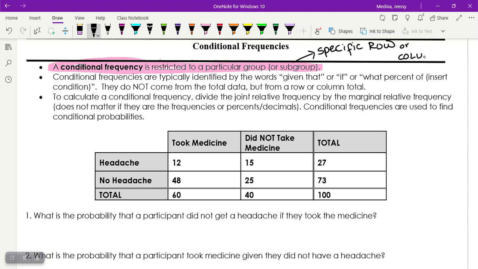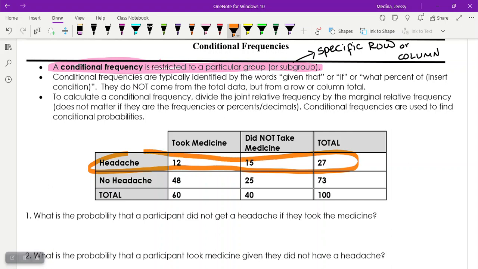So you won't be looking at the entire table, just a section of the table. So our total won't be 100. Because if I'm only considering this column, what's the total of this column? 60.